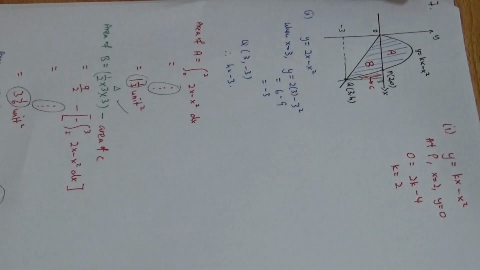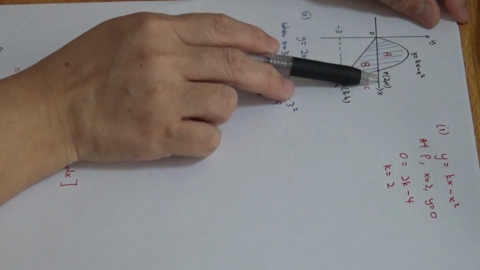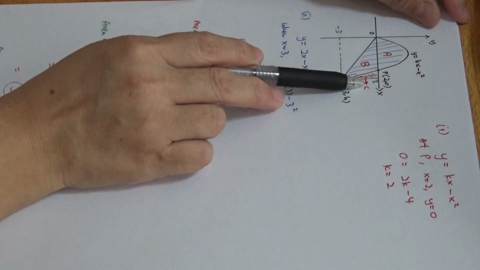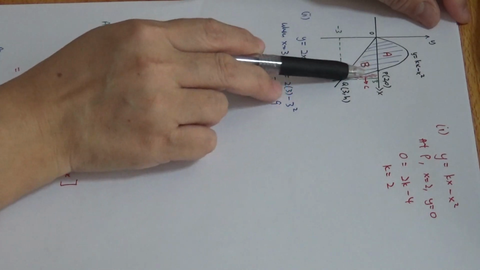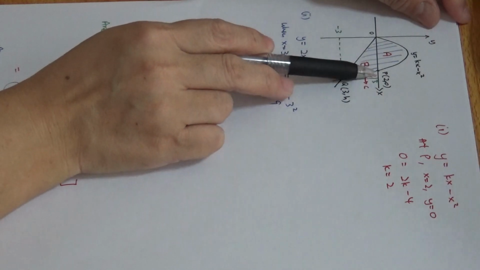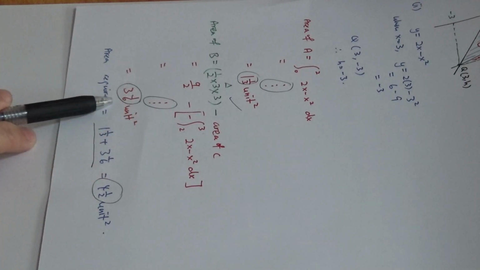So I want to repeat the last part here. In order to find the area of B, I take this triangle minus the small area C here. And this small area C is the area under this curve. Can you see this curve here? I integrate from 2 to 3. I find this area, but must remember to put minus because it's below the x-axis in order to get the correct answer.